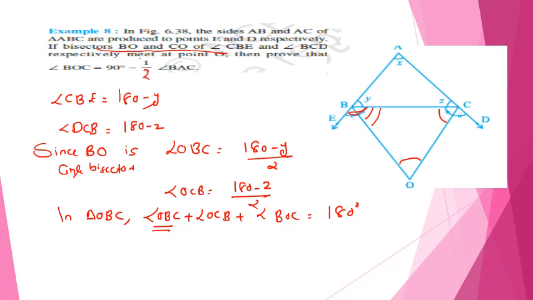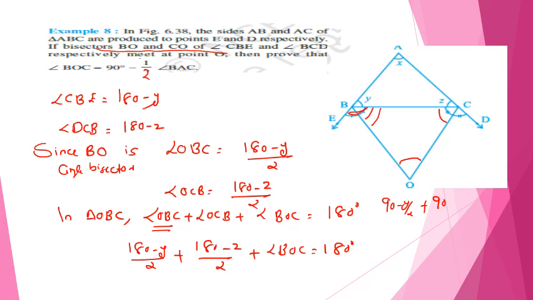Angle OBC is 180 minus Y by 2, angle OCB is 180 minus Z by 2, plus angle BOC is equal to 180 degrees. What is this 180 minus Y by 2? It is 90 minus Y by 2. So 90 minus Y by 2 plus 90 minus Z by 2 plus angle BOC is equal to 180.